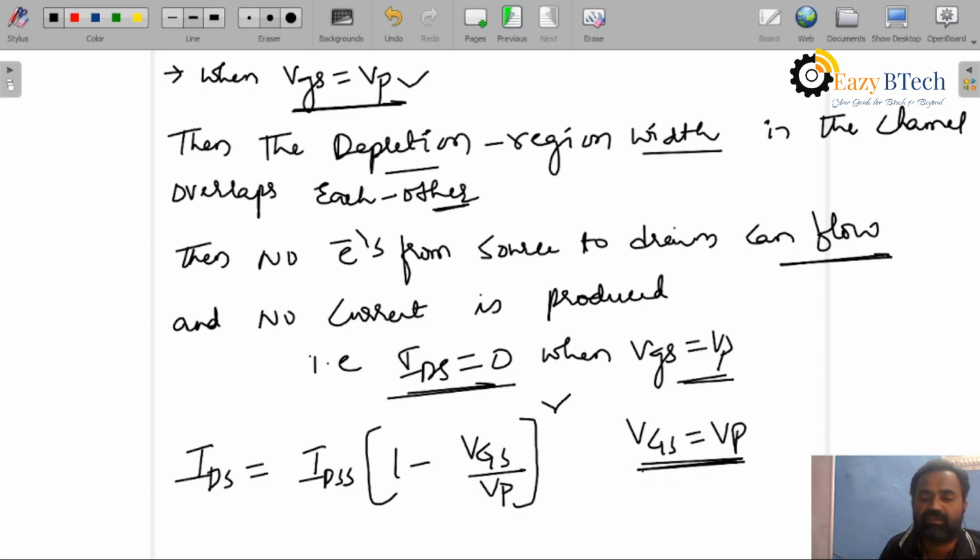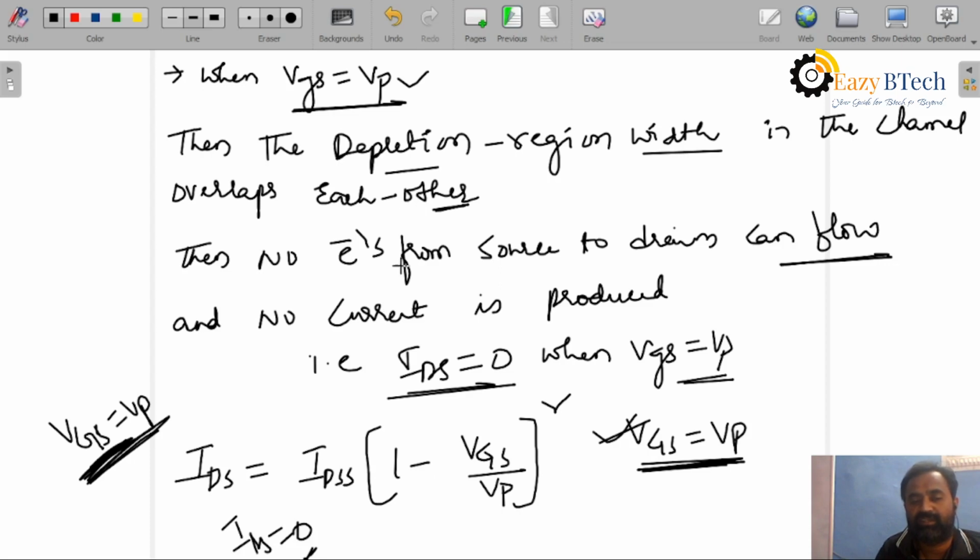This becomes 1 minus 1, which is 0. Then the IDS current is 0. Okay, this is the reason. Okay, students.